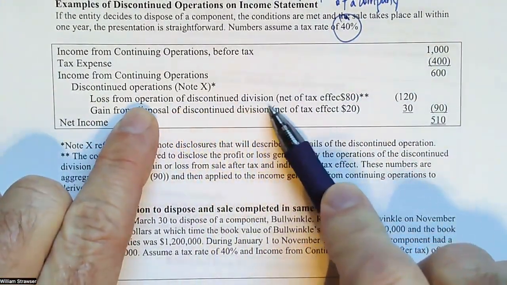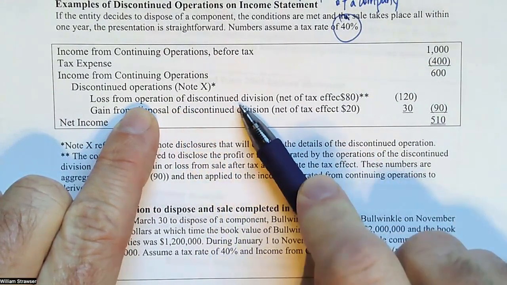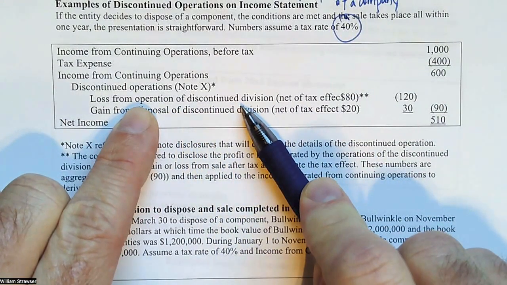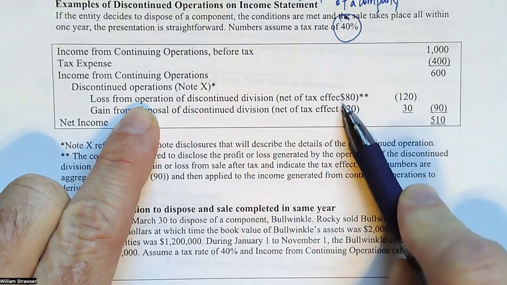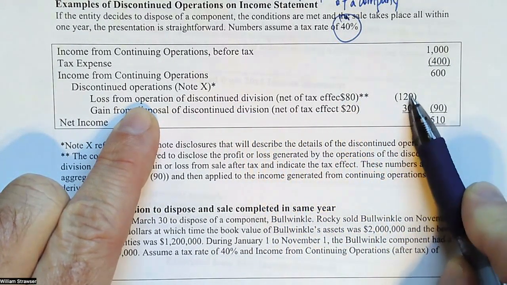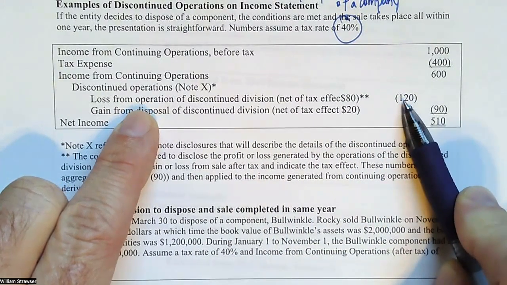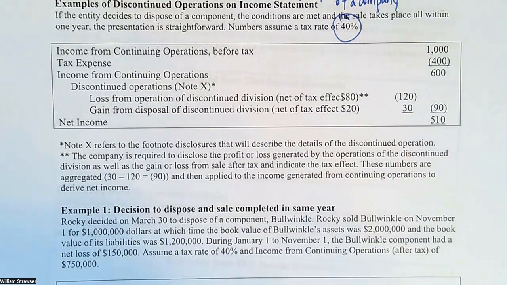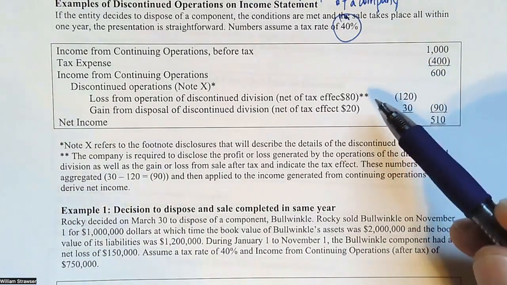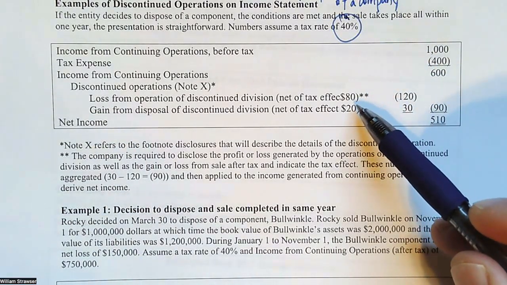This time, the net income of the discontinued division was actually a net loss, and we netted tax effects, $120 of a loss, right? Now, we do display the net of tax effect.